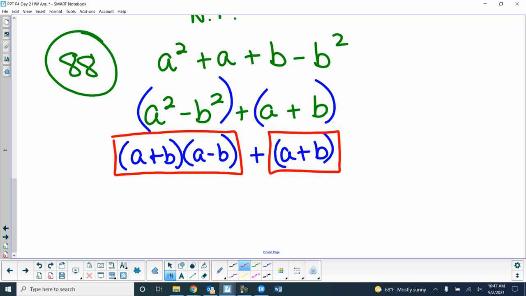There's something common to both: A plus B, right? When I divide this left rectangle by A plus B, what's the answer? A minus B. When I divide this rectangle by A plus B, what's left? 1.